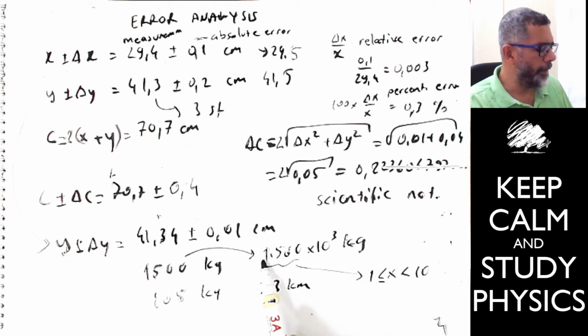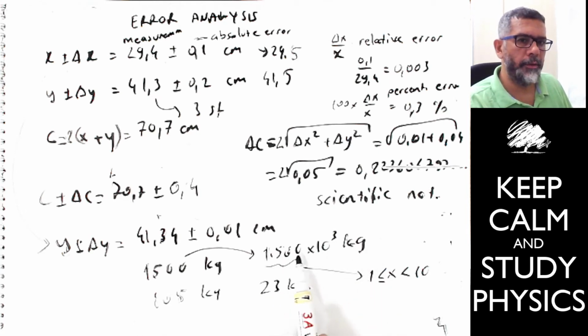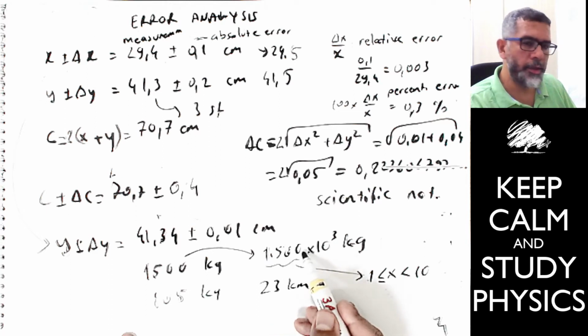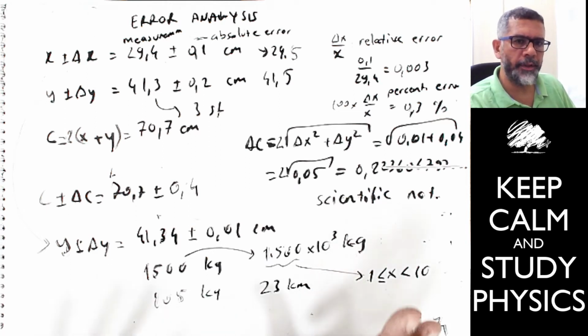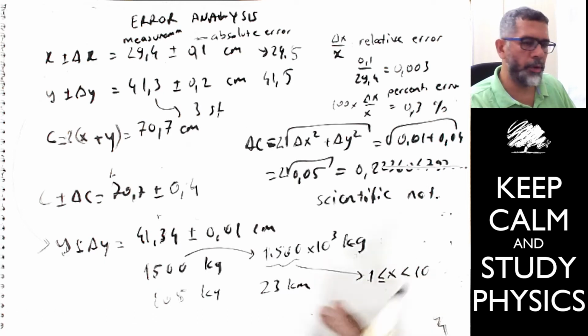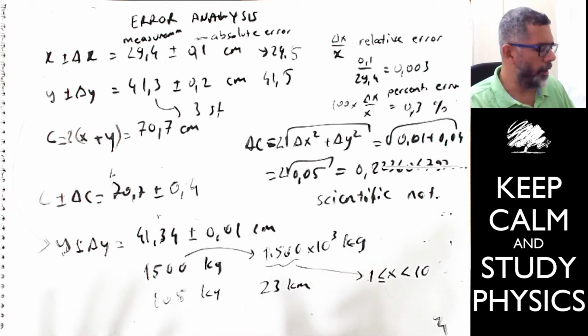So how do we determine the number of significant figures in scientific notation? We only look at the number part. We count all the digits in the number part as significant. So this is 1, this is 5, this is 0, this is 0. All these digits are counted as significant figures, with no exceptions.